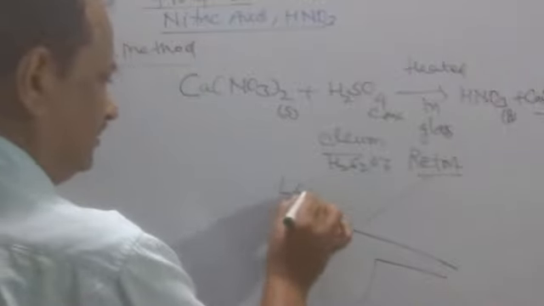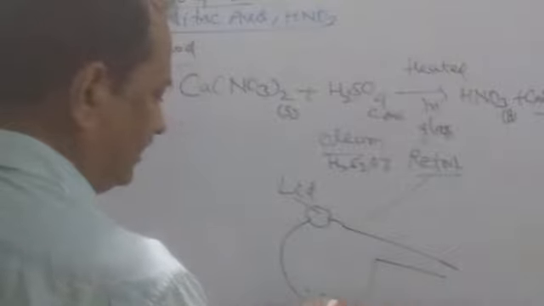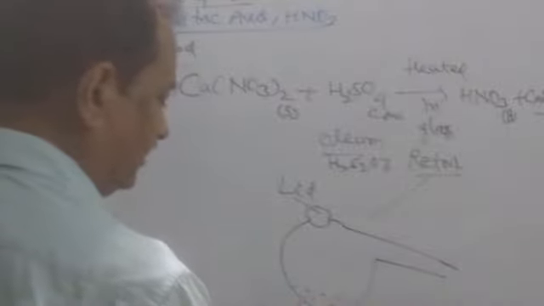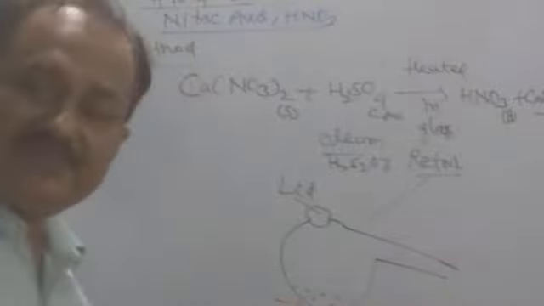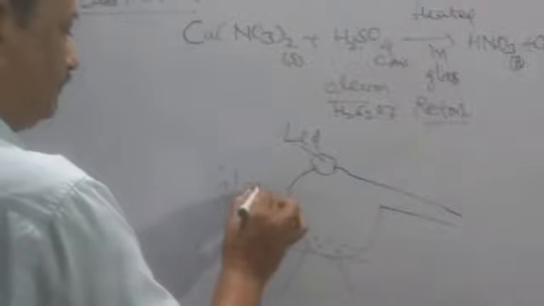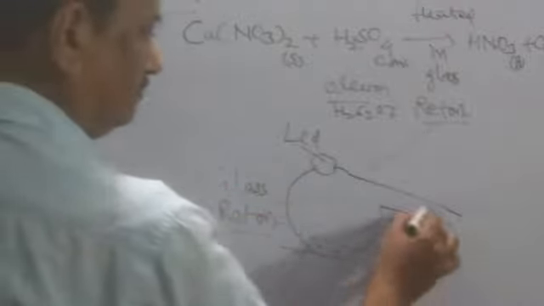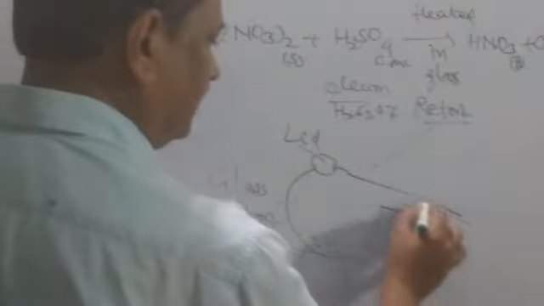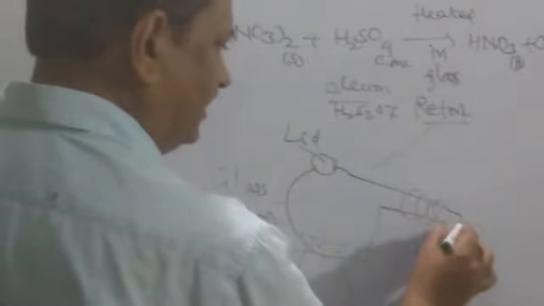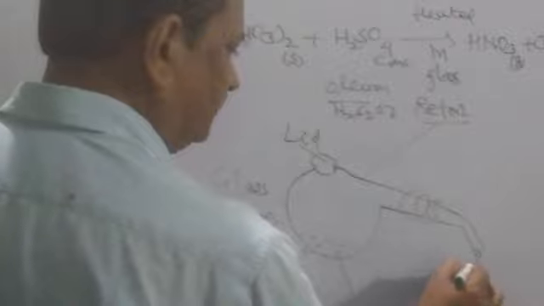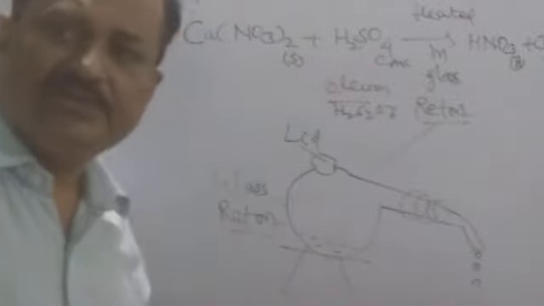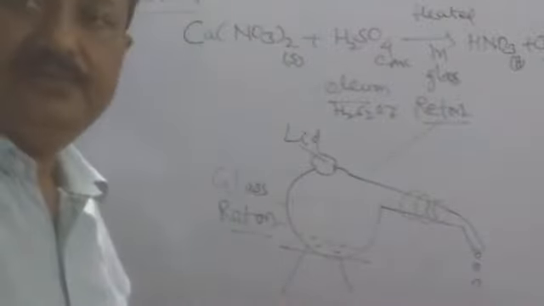It is heated, and here there is a stand. This is the glass retort, and then there can be a condenser and so on. So this is about the retort.